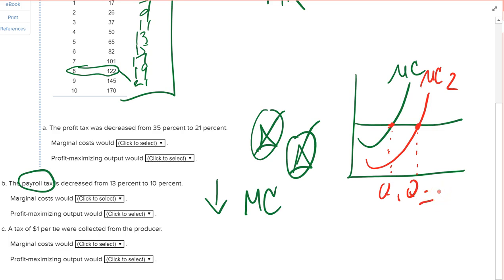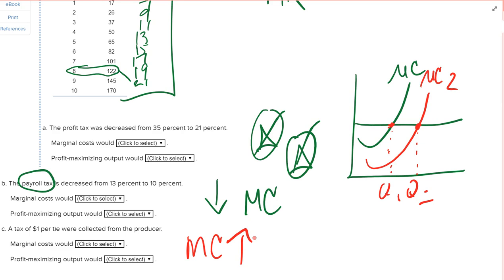And then with C, if a tax of $1 per tie were collected from the producer, and again, this is a per unit cost of doing business. So the tax is for every unit produced, and the producer, who we're talking about here, is required to pay that tax. So what would that do? Well, that would raise marginal costs, because each additional unit I produce is going to have that tax attached to it.